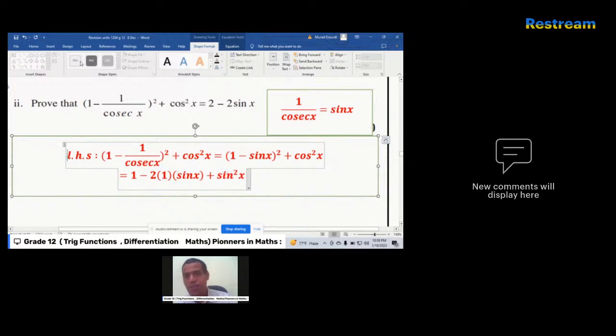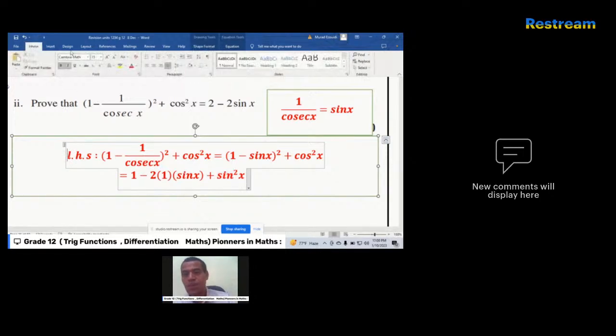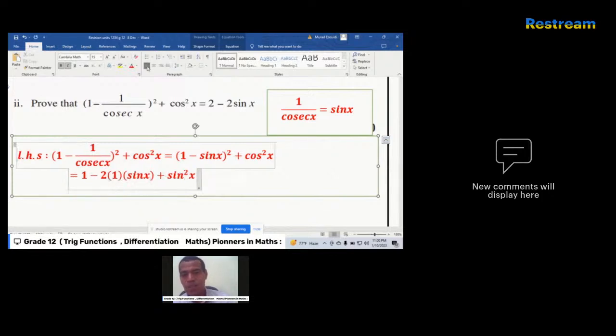Here you already know the first trig identity of cosine and sine: cosine square plus sine square equals 1.